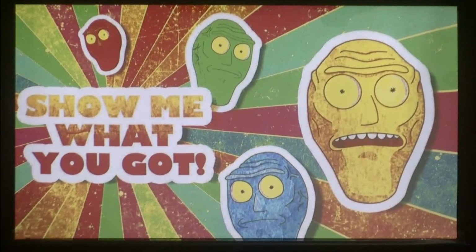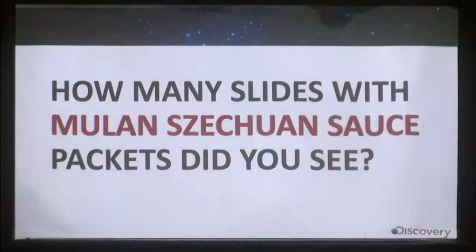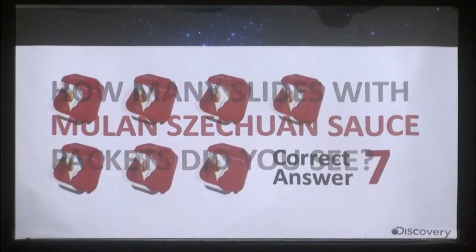Every slide that had something that we considered special sauce had a Mulan Szechuan sauce packet on it, and I'm wondering who was paying attention at that level. Anyone? 8? I heard 8. Close. Anyone else? 7. I heard it right here. 7. All right. 7. Yeah.